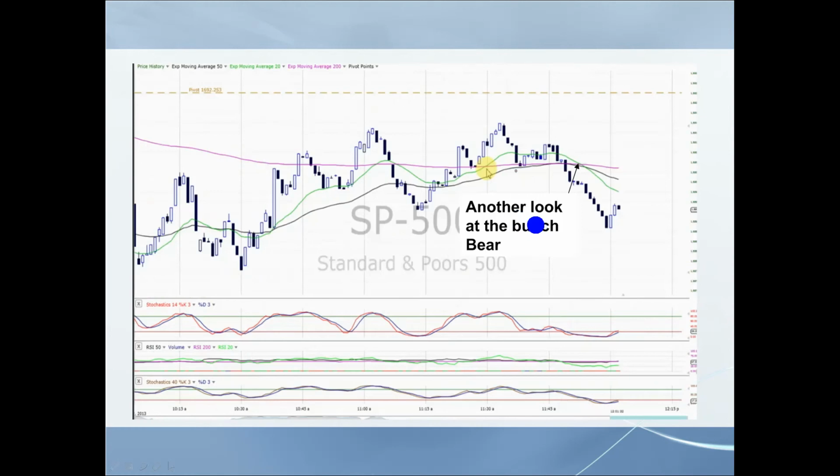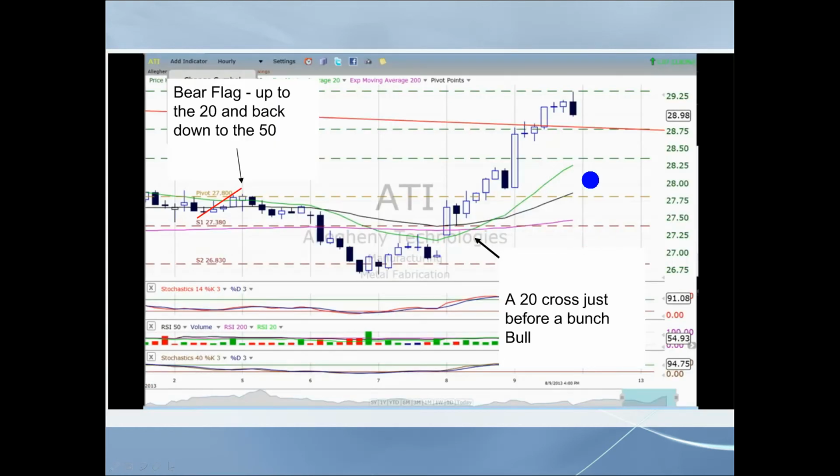And here's a look at the bunch up when it's really close together. You got that 20 crossing the 200, crossing the 50 with ease, and as you'll notice, a real nice bear move. To take a look at moving averages, it's helpful for us to take a look at bear flags. You'll notice a bounce down to the 50, a bounce back up to the 20. We didn't make it. A bounce down to the 50 and below.